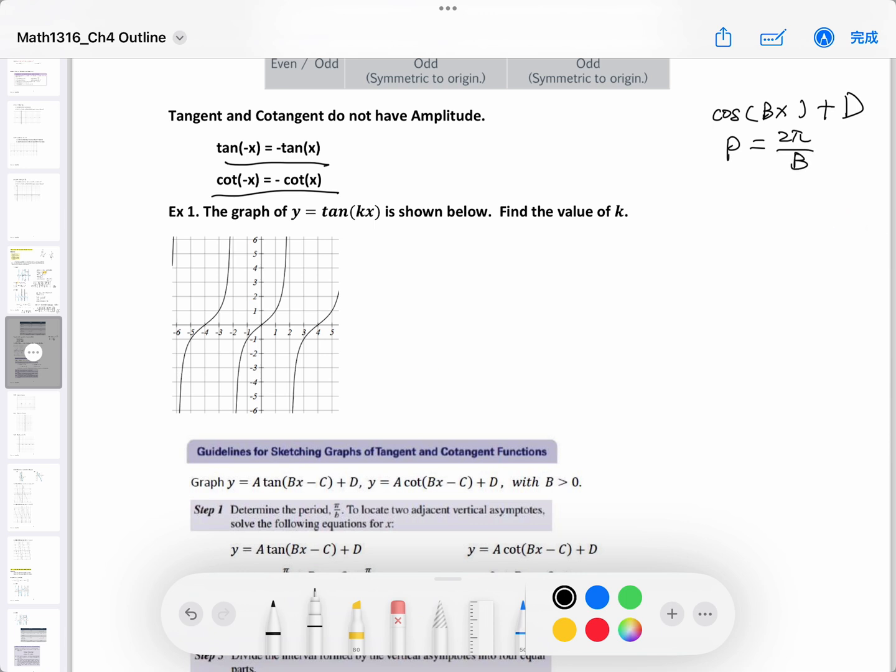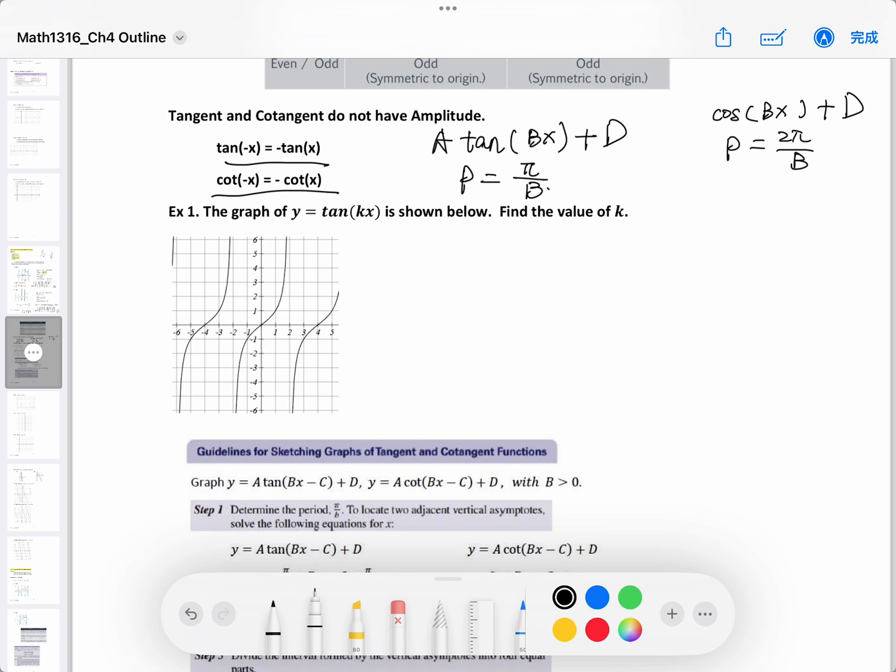Now if I replace the cosine by another function, tangent or cotangent, let's put it here: if I have a tangent, put the a in front, times bx plus d, then the period of the function is equal to pi over b. It is not 2 pi, it is pi over b.